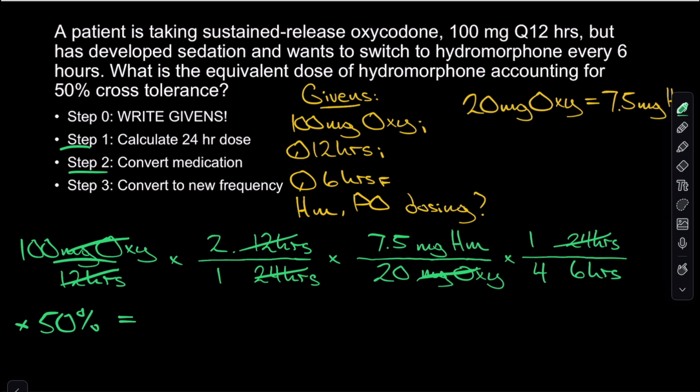We'll take 100 milligrams times 2 times 7.5, then divide by 20, then divide by 4, and then take that times 0.5, which equals 9.35 milligrams oxycodone per 6 hours.